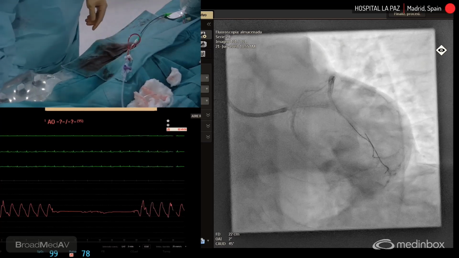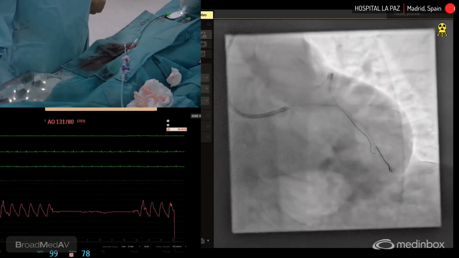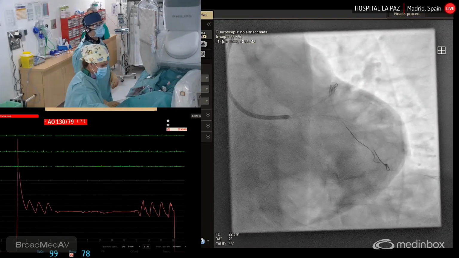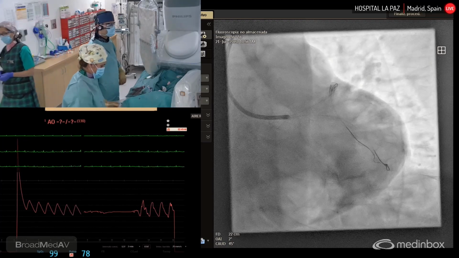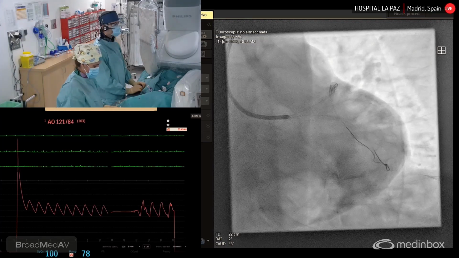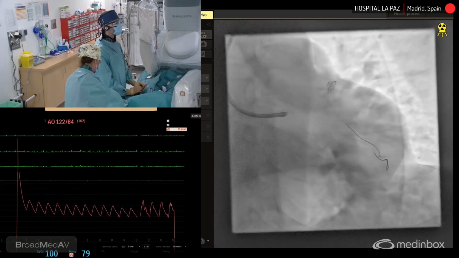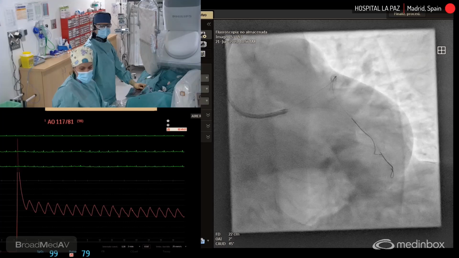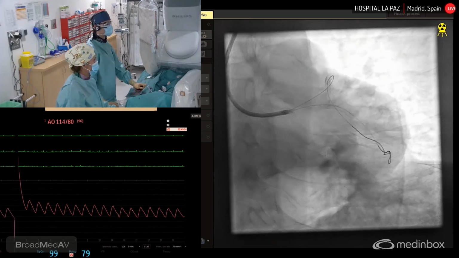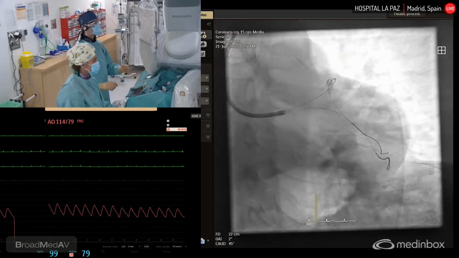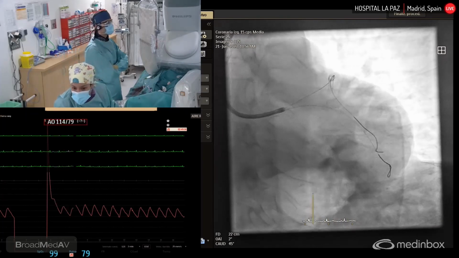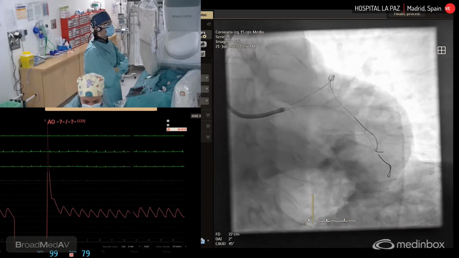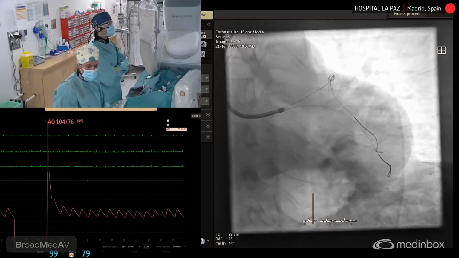Okay. Cine. Look, there is some dissection at the proximal part, but it's an A or B dissection without impairment of the flow.